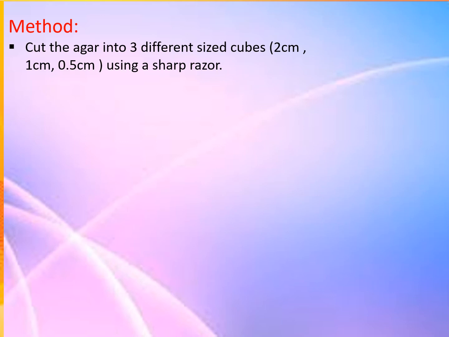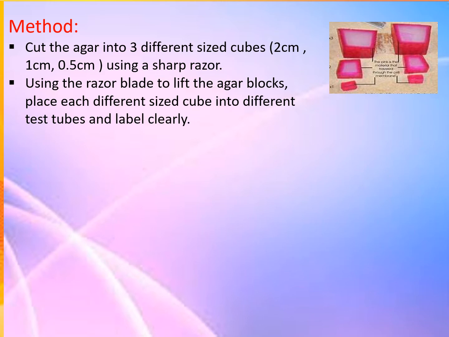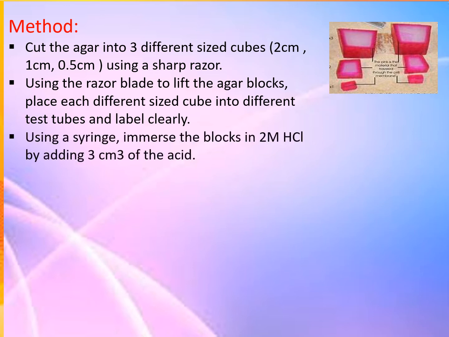Method. Cut the agar into 3 different size cubes, 2 cm, 1 cm and 0.5 cm using a sharp razor. Now you can see in the picture how we have cut the agar gel. Using the razor blade to lift the agar blocks, place each different size cube into different test tubes and label clearly.